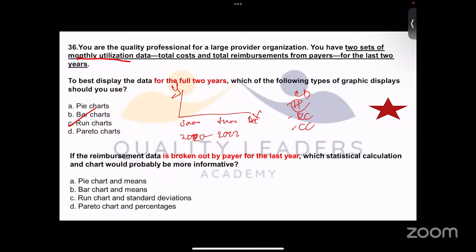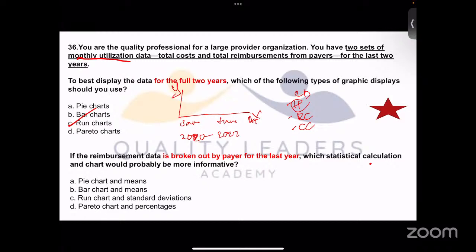If the reimbursement data is broken out by payer for the last year, which statistical calculations and chart would probably be more informative? A, pie charts and means; B, bar chart and means; C, run chart and standard deviations; D, Pareto chart and percentages. Okay, what's the answer? Which statistical calculation and chart would be most appropriate?